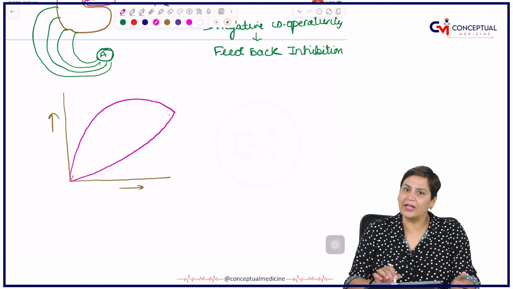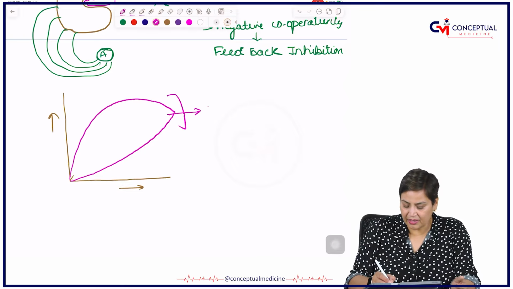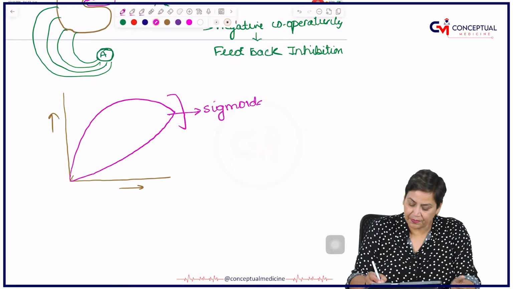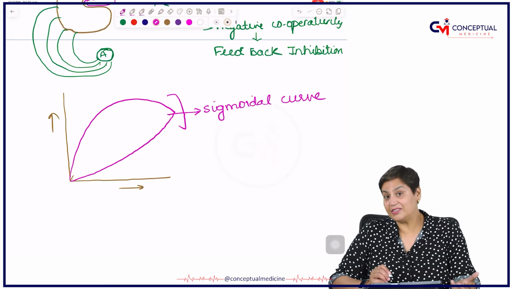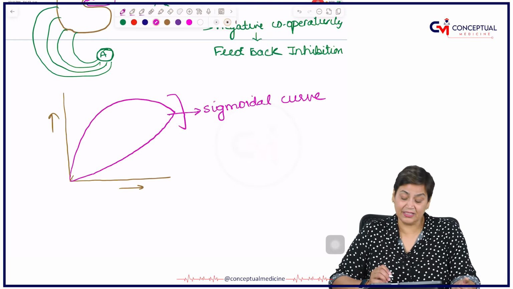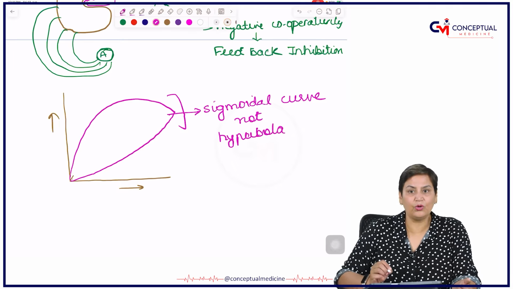So what kind of graph is obtained? This is a sigmoidal curve. So always remember that in allosteric modulation, a sigmoidal curve will be obtained. It is different from the Michaelis-Menten equation, which gives a hyperbola.